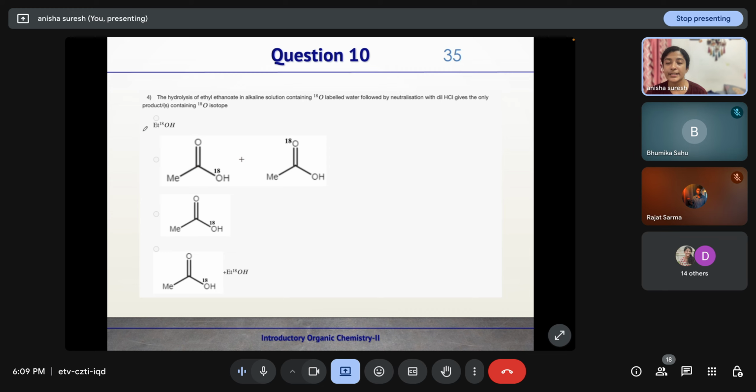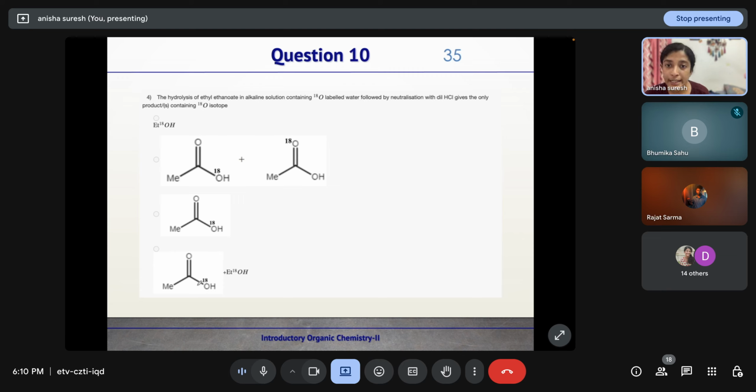Now coming to question number 10. So the hydrolysis of ethyl ethanoate. Ethyl ethanoate will be CH3, C double bond O, OEt.